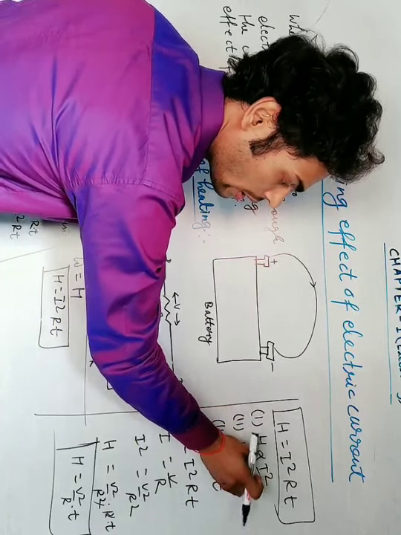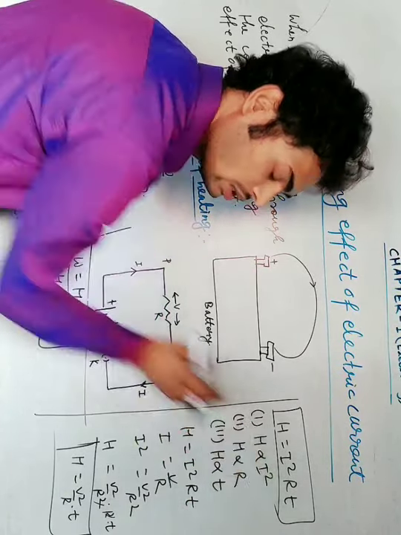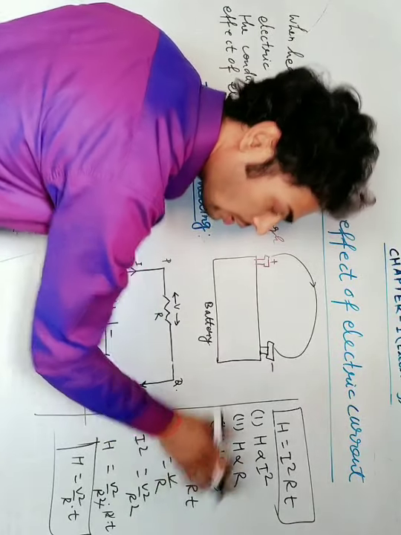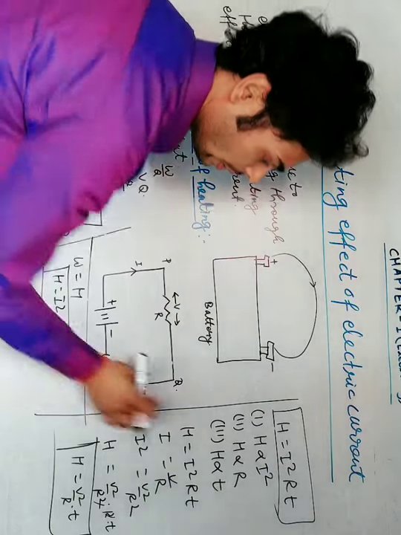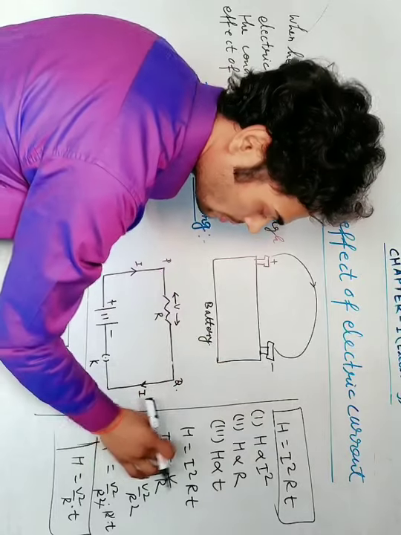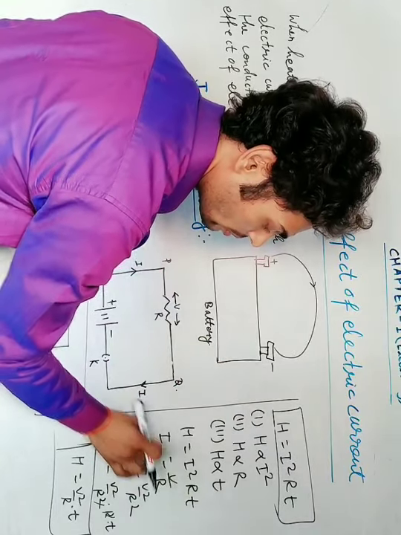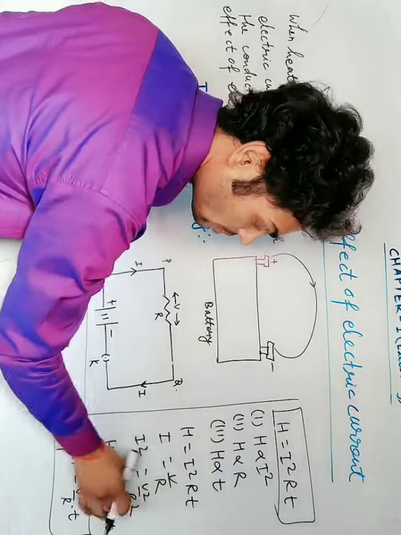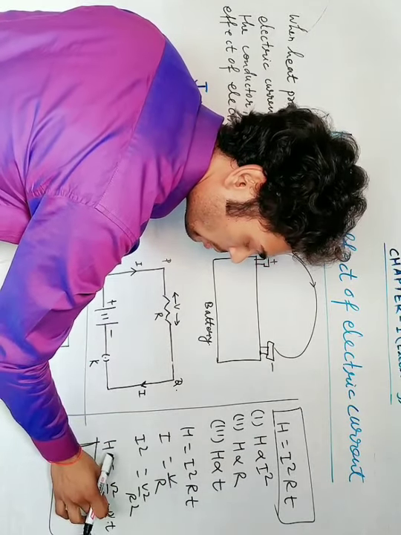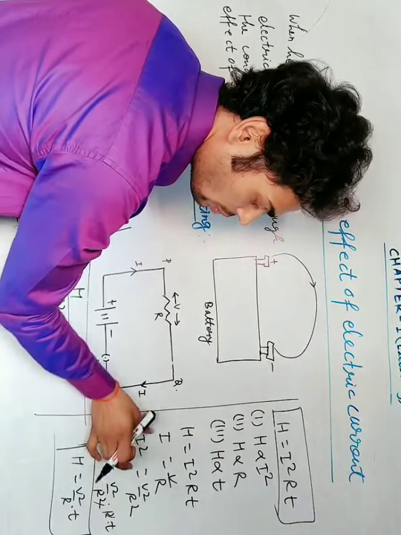Current increasing in square form, then heat increases, and when time increases, then also heat increases. And H equals I square RT, and one formula is also derived this way: H equals I square RT, I equals V upon R, then I square equals V square upon R square, then H equals V square by R square into R into T.